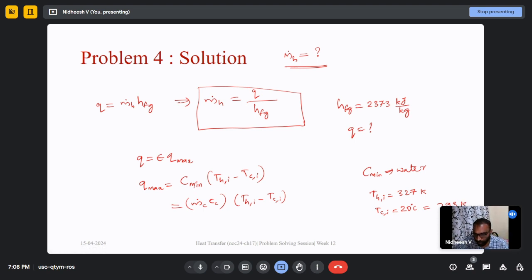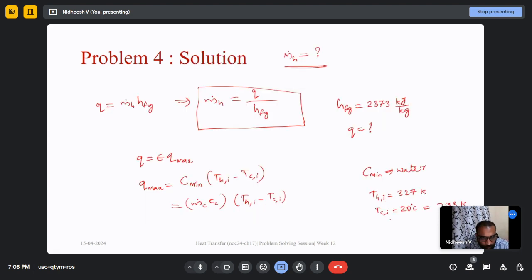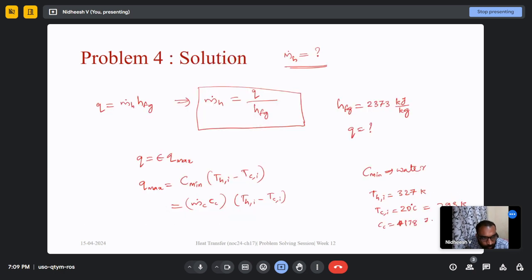So C of water, is it given to us? Yes, it is given to us, 4178 joules per kilogram Kelvin. C of the cold fluid, that is water, is given to us as 4178 joules per kilogram Kelvin.